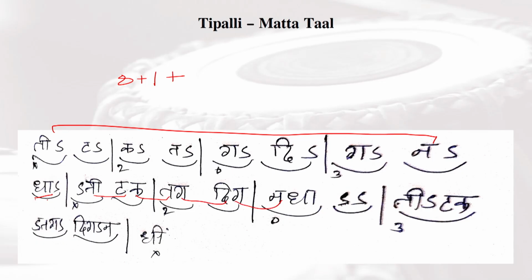So it's a pause of 1.5 matra, plus 4 matra, plus 1.5 pause again, plus Ti, Taka, Taga, Digana, plus 3 matra. So that becomes 12 and 3, 15.